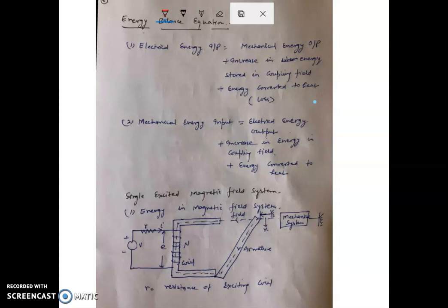These are the electrical balance equations. In electrical balance equations, the input energy is electrical energy, and mechanical energy is the output energy. Electrical energy is input, means it is the supply voltage we have provided, output is force or torque. Then, increase in energy stored in coupling field.